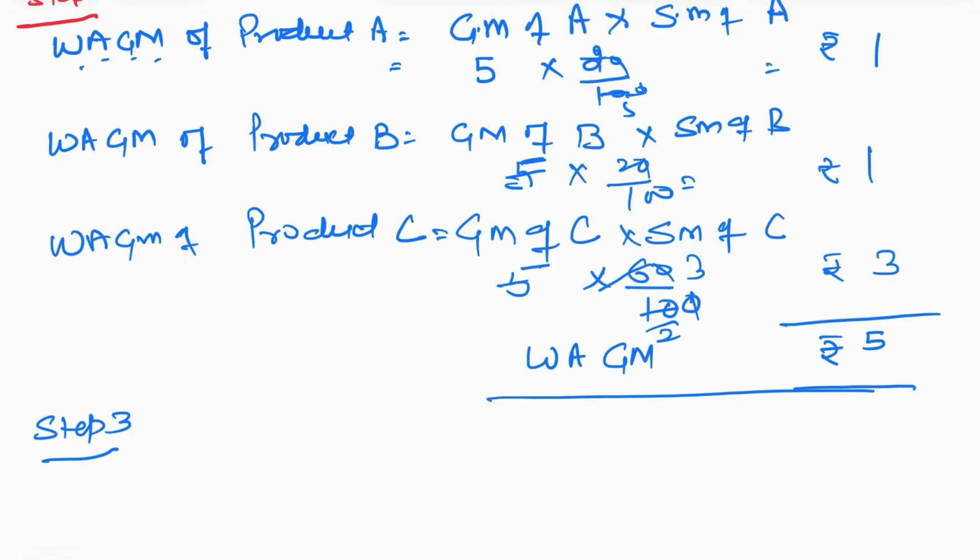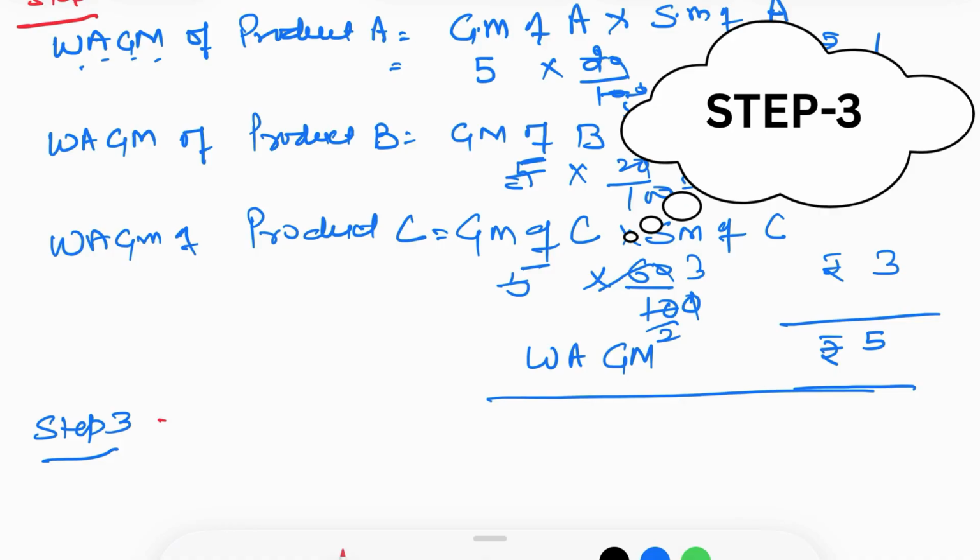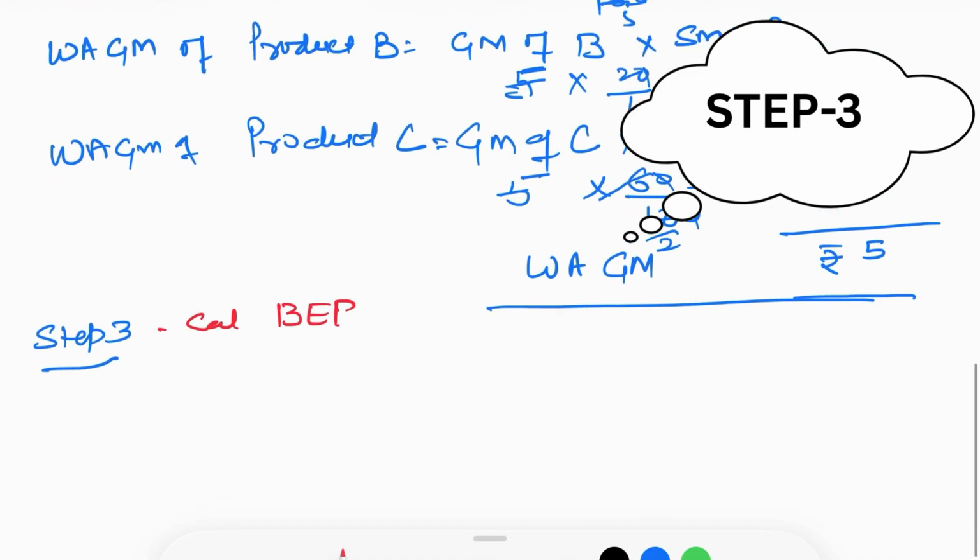What does step 3 say here? It is simple, very simple. Now let's calculate break-even point, break-even point in units. So the formula is again the same, the one formula which we have done. Total fixed cost.